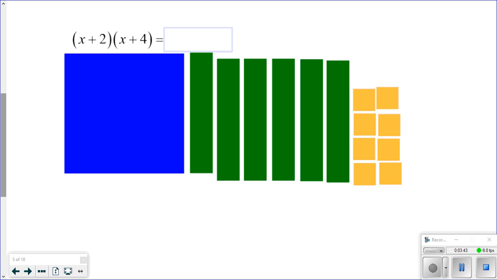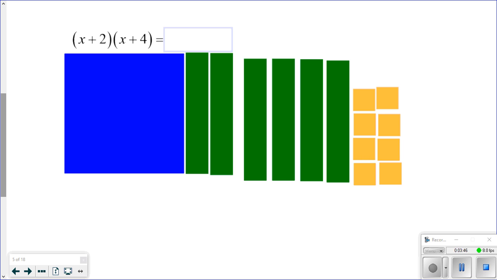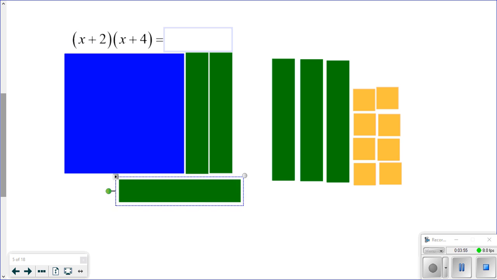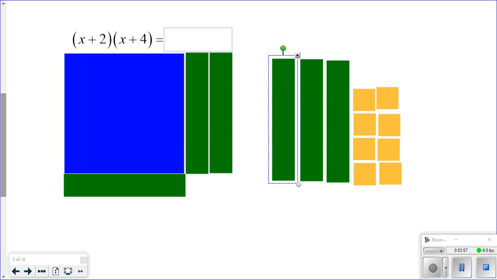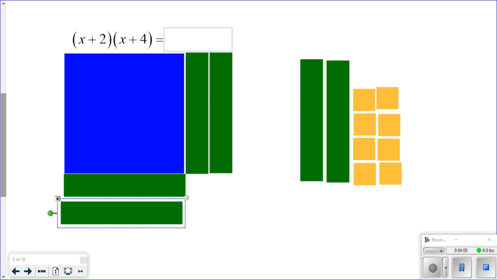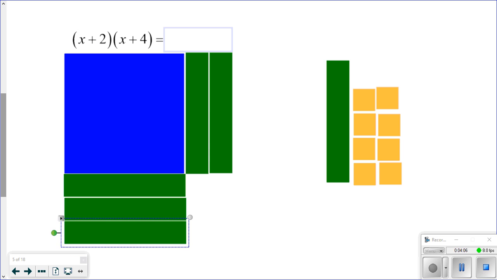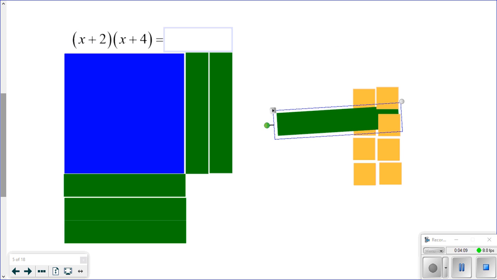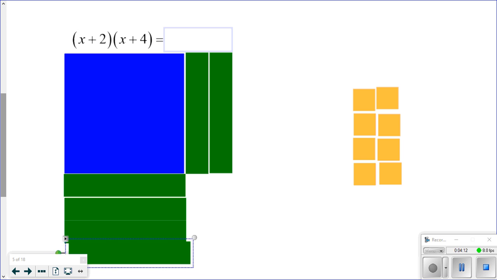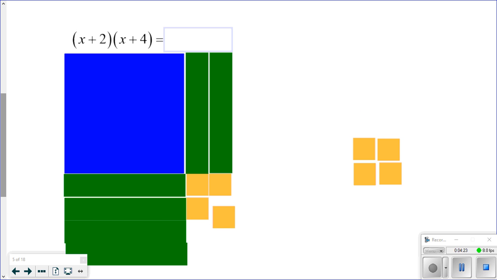Okay, so this next example is x plus 2. So I'm going to put 2 green boxes. And then for an x plus 4, I'm going to take these and put 4 of them down here. And then we're going to multiply them or count them up. So move all of these and make them fit into a square or a rectangle.